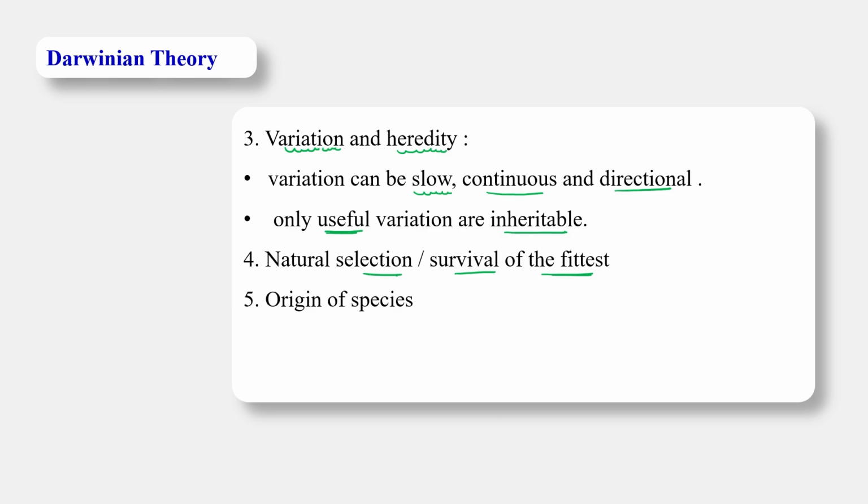And these changes are heritable, they can pass from one generation to another, and nature selects only those individuals. That's why he used the term survival of the fittest, and this is how origin of species occurs. So these are the 5 points which were discussed by Darwin in his theory.